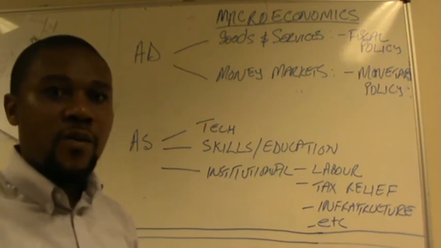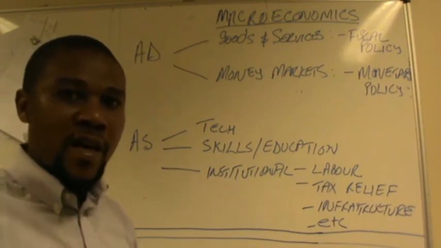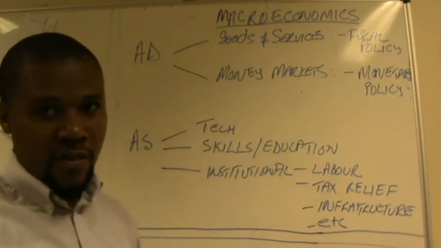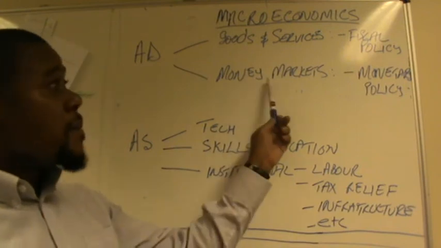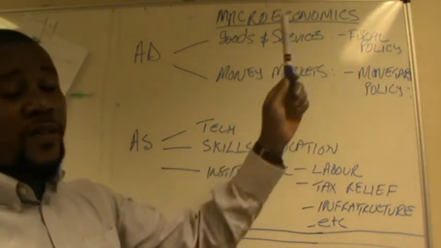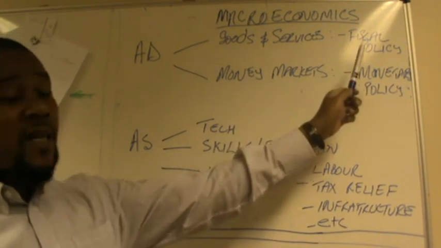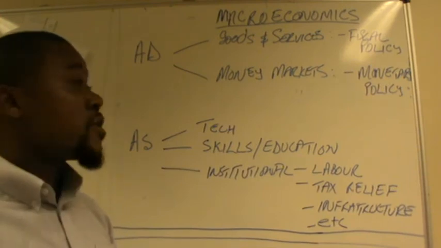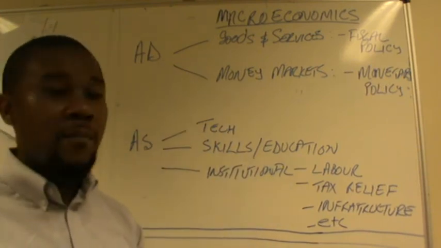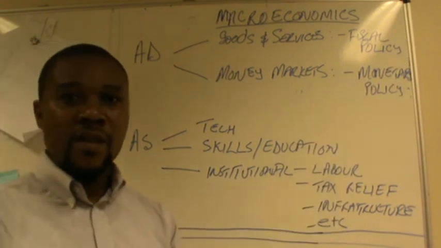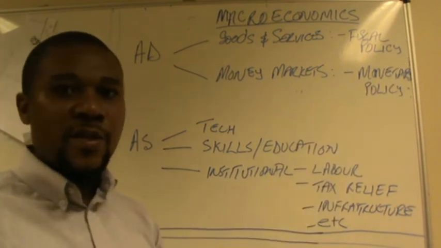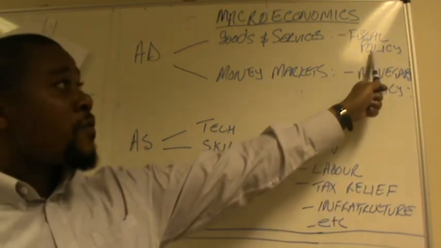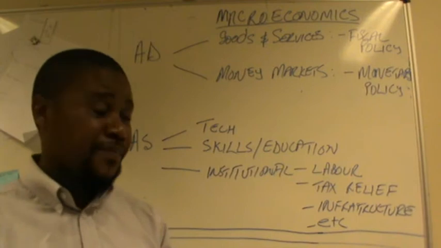The same way that we talk about the price of labor as the wage, here the price of money is the interest rate. So money markets versus goods market. And from the goods and services market, the policies that stem out of that particular component of the aggregate demand model are fiscal policies. So for instance, government spending and the tax rate all form part of fiscal policy.